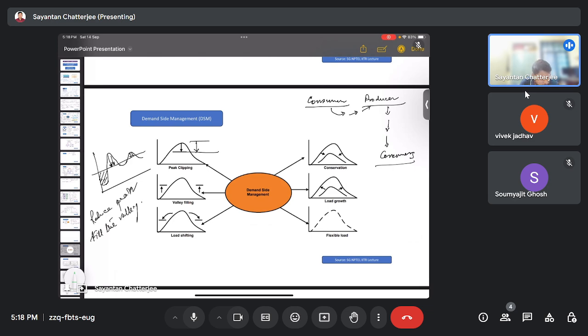Another one that we discussed is the valley filling. So we would be filling up this valley so that the load curve is made flatter. And on the other hand, we would be minimizing this peak.